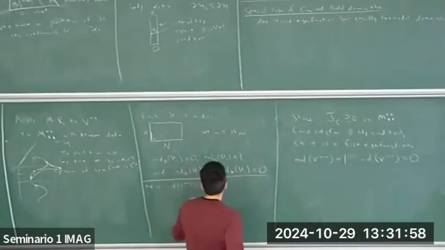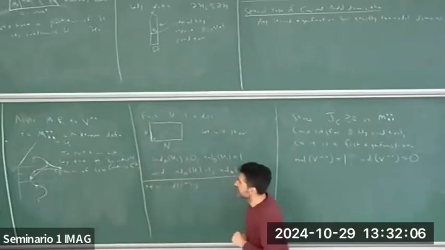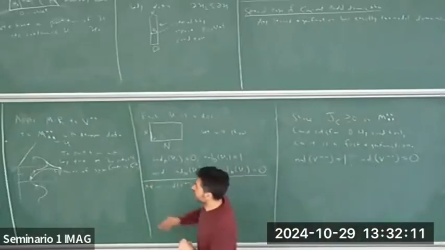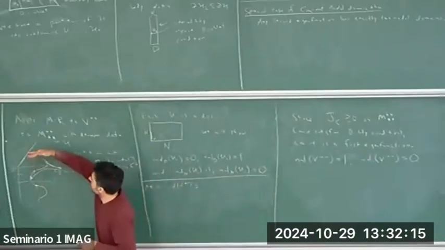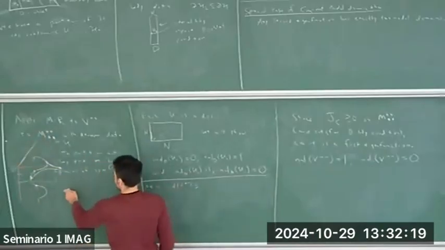n minus 1. Sorry, how many domains do we have? I didn't mention it. Well, we're cutting by these n spheres of symmetry, and each sphere is going to hit C twice, and so we have 2n domains.